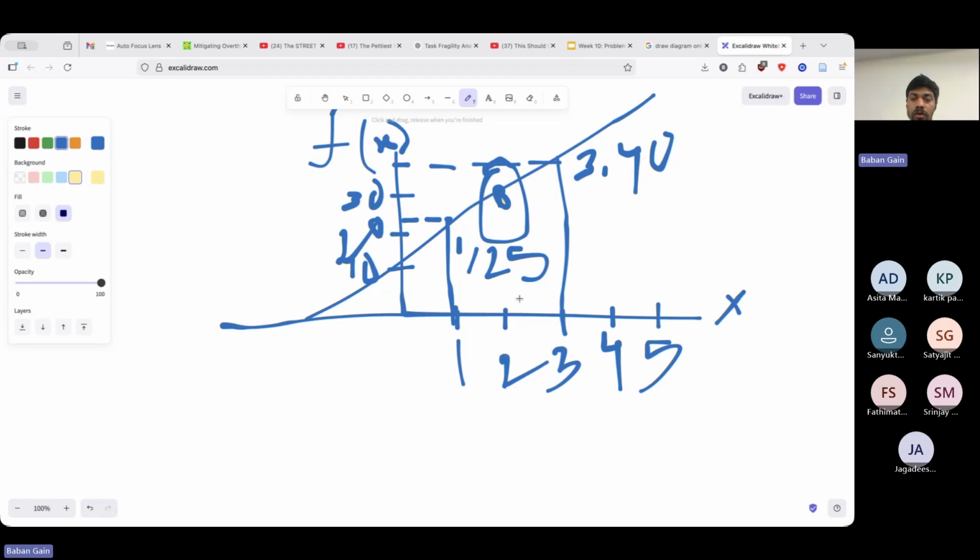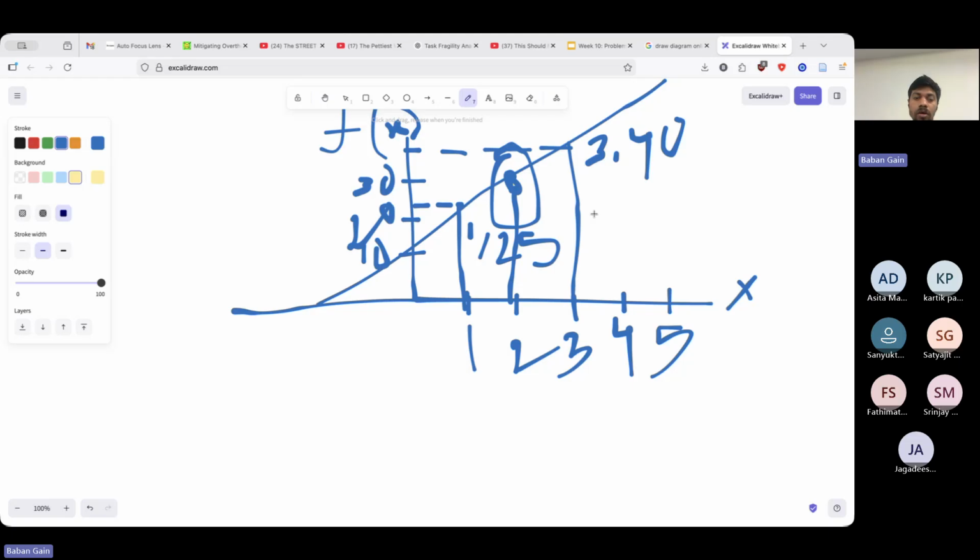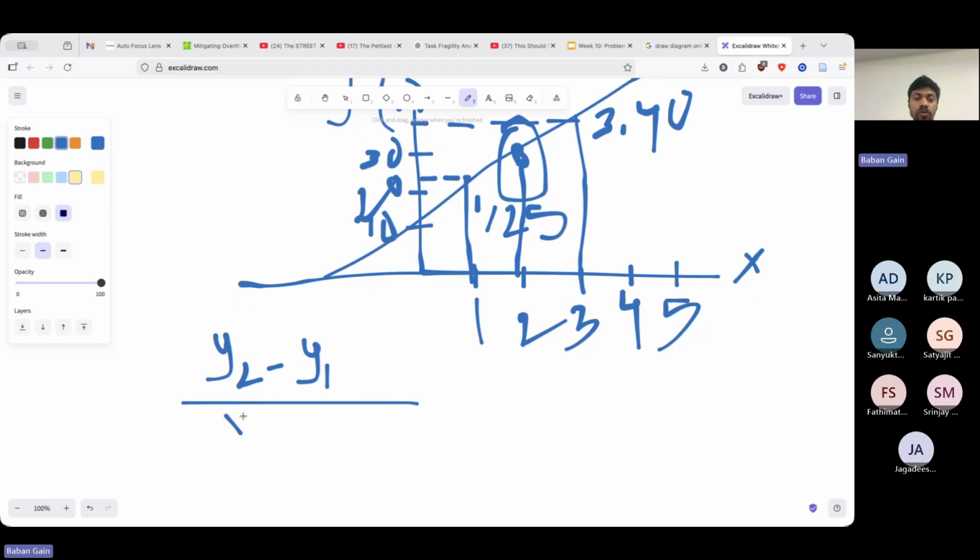So basically, if you want to find this one, at first you have to find the slope. Slope is y2 minus y1 divided by x2 minus x1.